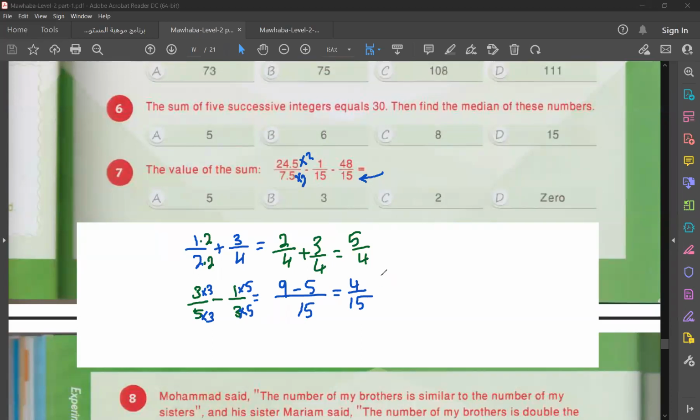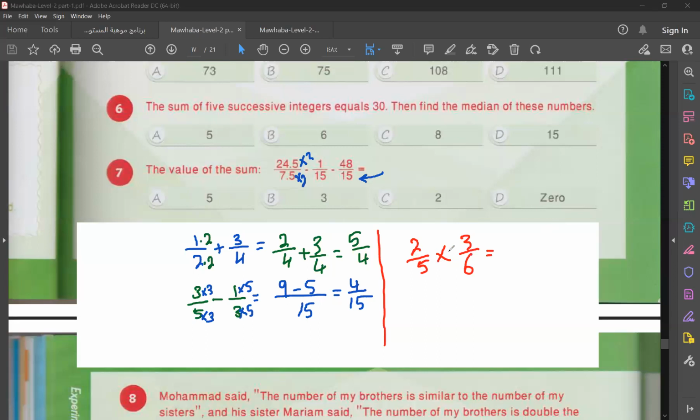What about multiplication? I give you another example for multiplication and division. When I have 2 over 5 multiplied by 3 over 6, do you need the same denominator? No, we don't need it in multiplication and division.